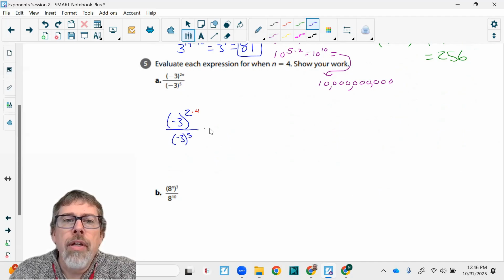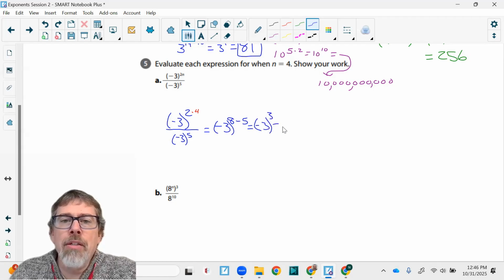Okay, so that's going to be 8, right? 2 times 4 is 8. So this is going to become negative 3 to the 8. And we subtract exponents, so it's 8 minus 5. So this is going to be negative 3, and I should have parentheses here, by the way, negative 3 cubed. So 3 times 3 is 9 times 3 is 27. And a negative to an odd power is negative. So it's negative 27.